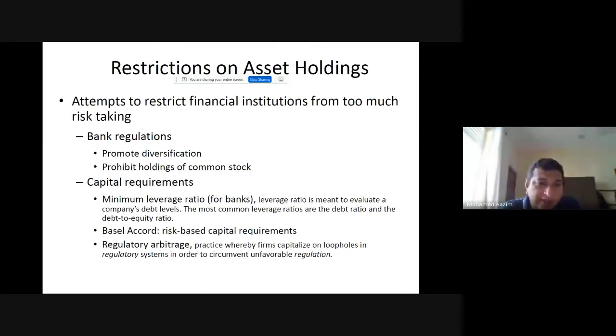So what they have generally concluded in recent times is, yes, we had to introduce risk-based capital requirements.